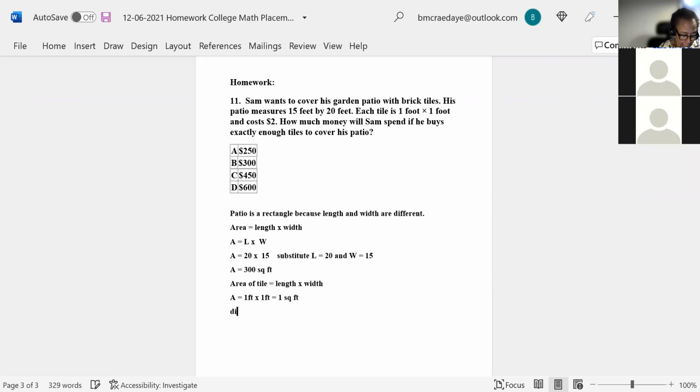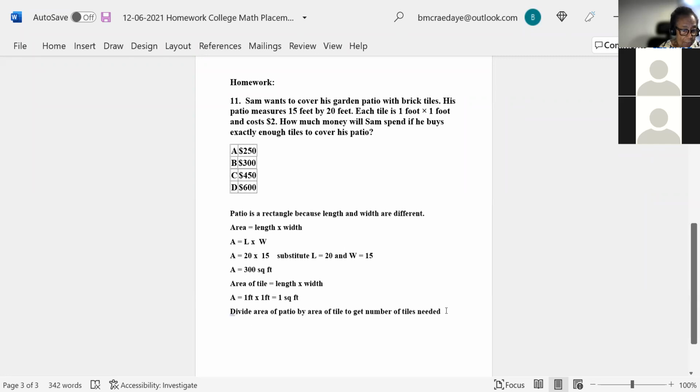So divide the area of the patio by the area of the tile to get the number of tiles needed. So that would be 300 over 1.